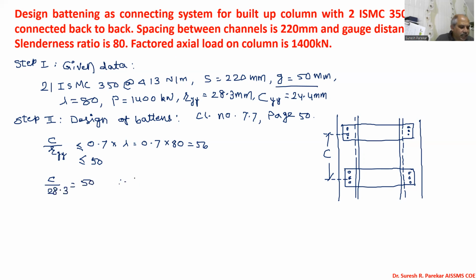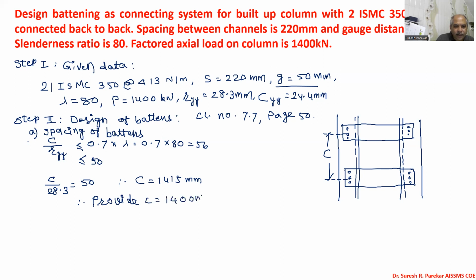From this we get C equal to 1415 millimeters. So we will provide lesser than that. This is part A, spacing of battens. From this we provide C equal to 1400 millimeters.